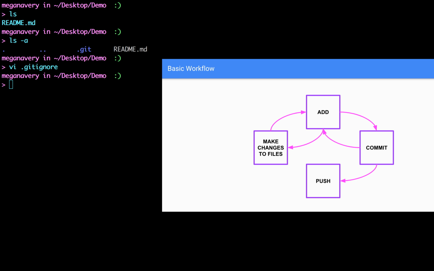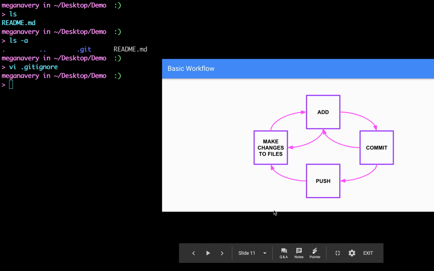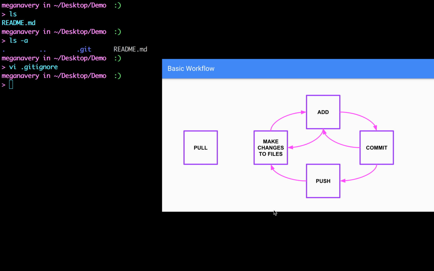And I can't go back again until I've done another commit. And then after I've pushed, I can make some more changes potentially. And then for a pull, after I've pulled, I can make some more changes or push. And I can also pull after I've done some committing.